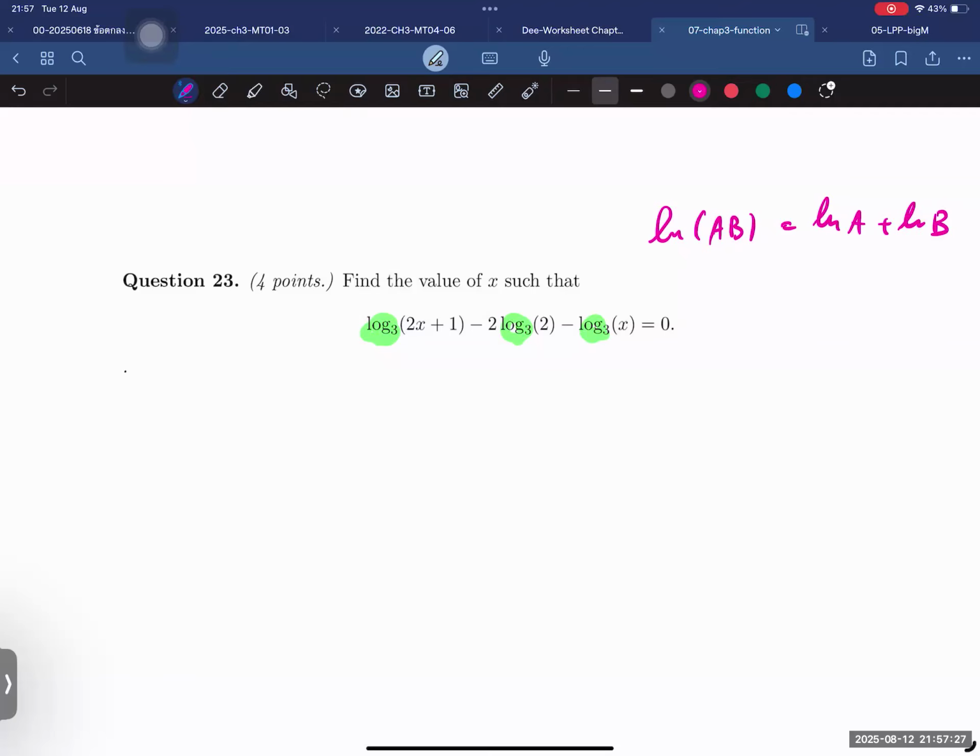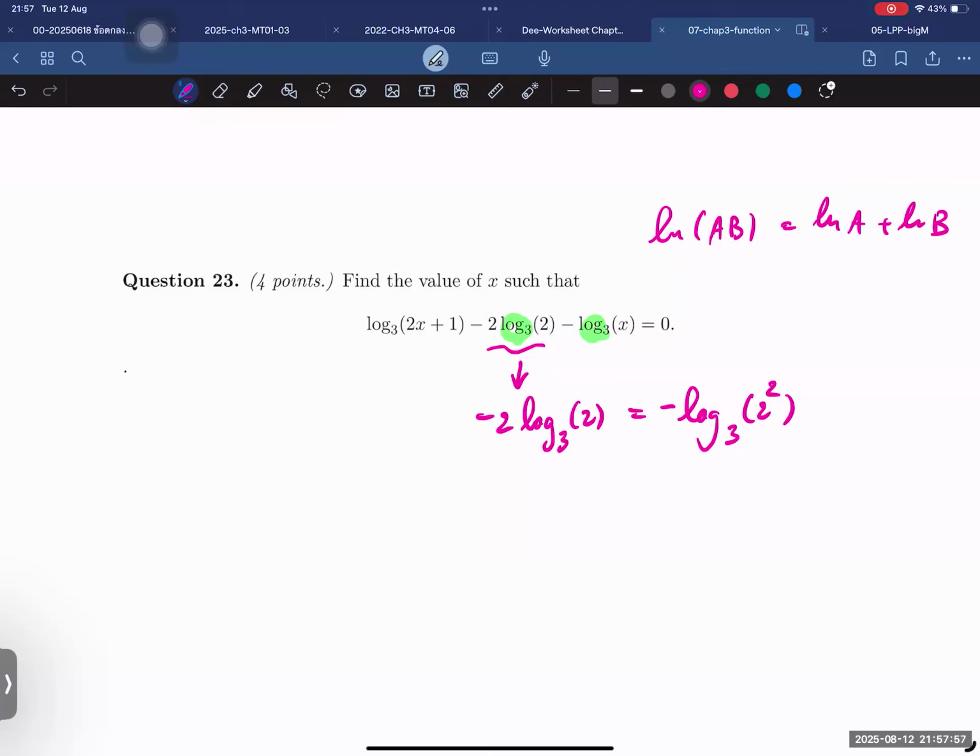So maybe we have log base 3 of 2x plus 1. Okay, let me rewrite. This term is negative 2 log base 3 of 2, right? This is equal to negative of log base 3 of 2 squared.